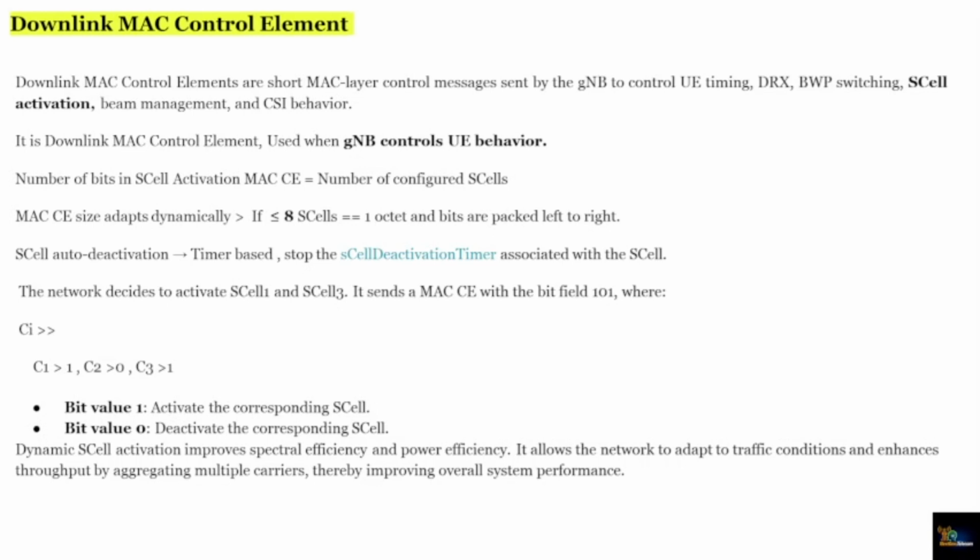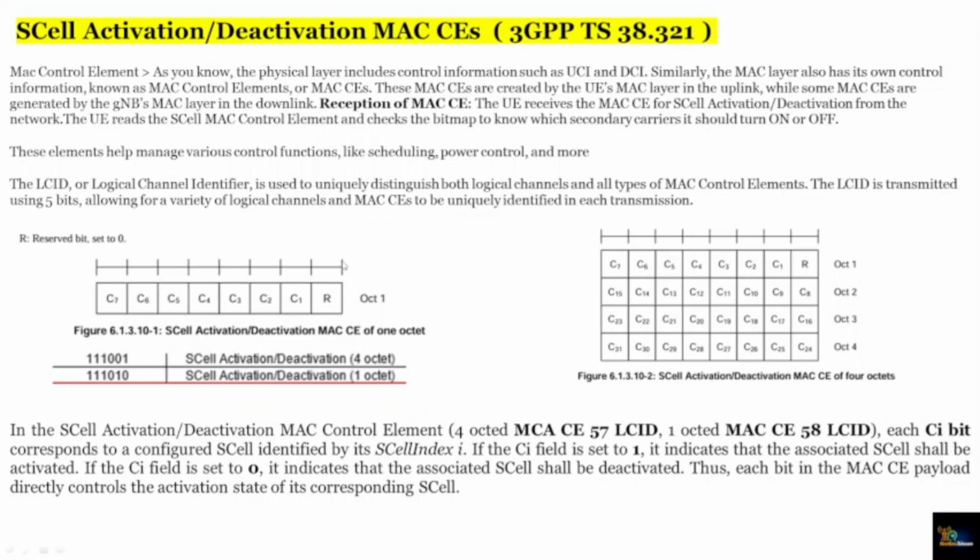If SCells are less than or equal to 7, it uses 1 octet, and bits are packed left to right as in the previous slide. The bit mapping starts from here, first, second, third, like that. So 7 SCells in one octet.